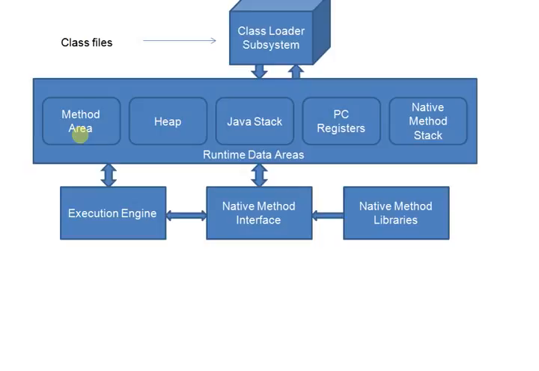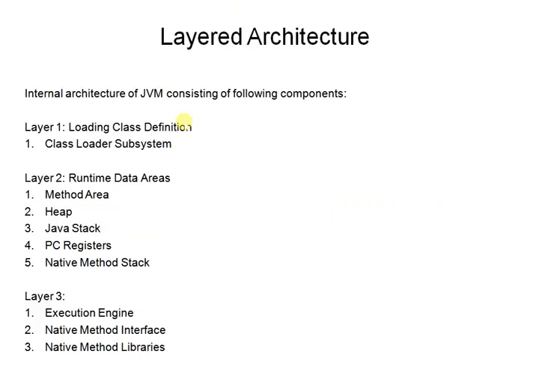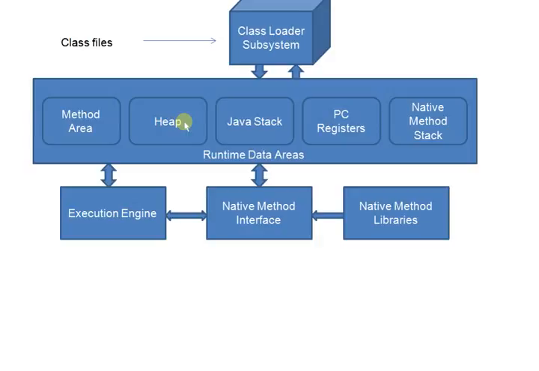The next subcomponent is heap. Java objects will be created on heap. A heap is basically a memory space which is managed by the operating system and also used by processes to get additional space at runtime.